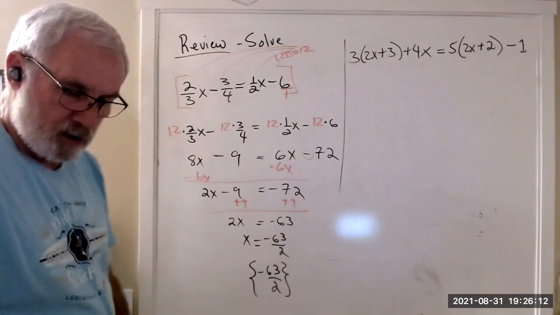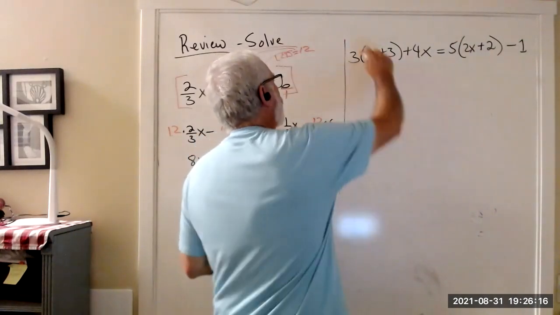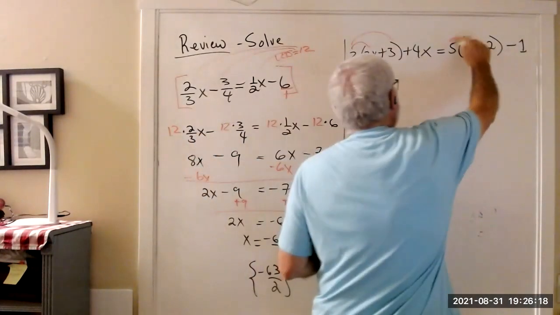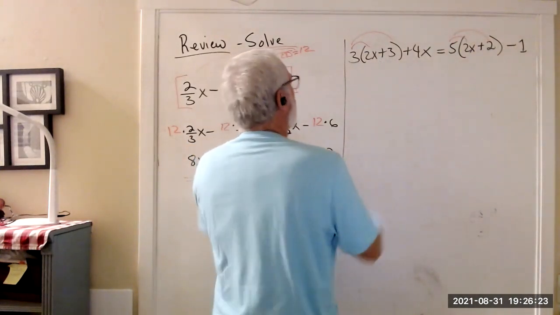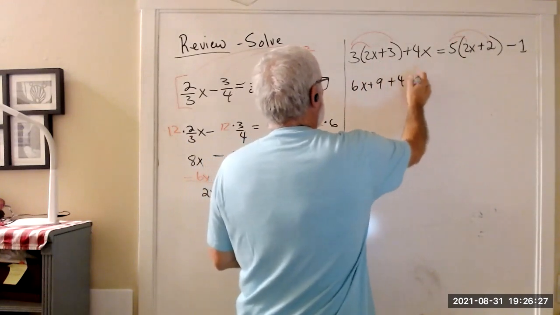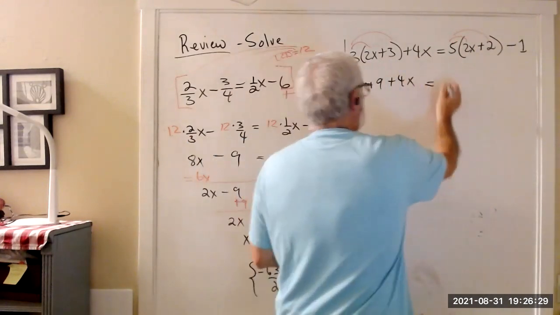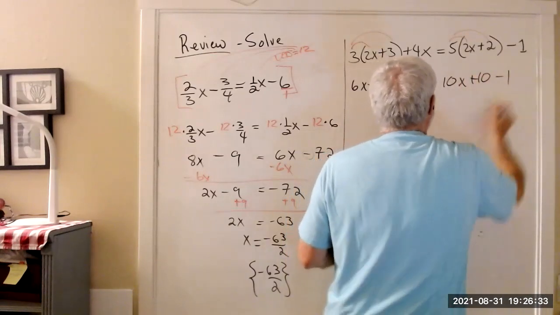happening. According to our rules, the first thing we do is distribute to get rid of all the parentheses. So that should be 6x plus 9 plus 4x equals 10x plus 10 minus 1.